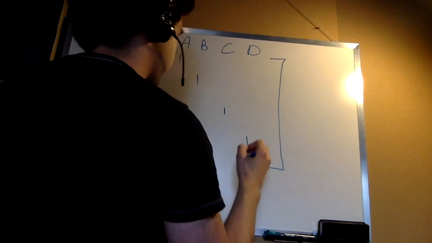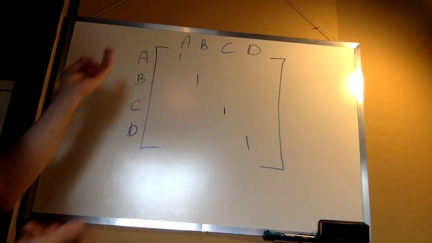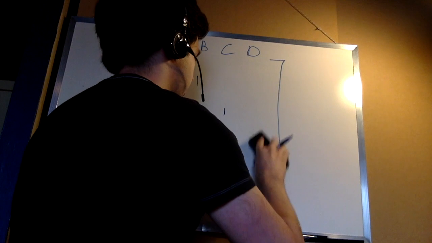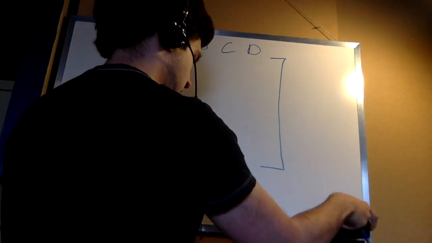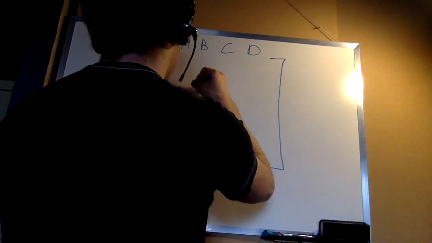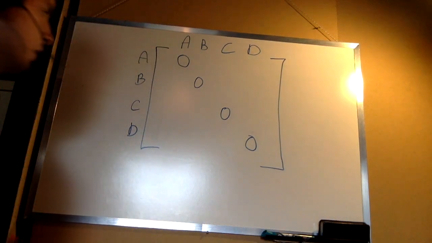It doesn't really matter how you actually represent this. In fact, you might want to just say 0 because vertices are not connected to themselves. So this will be 0, 0, 0, 0.